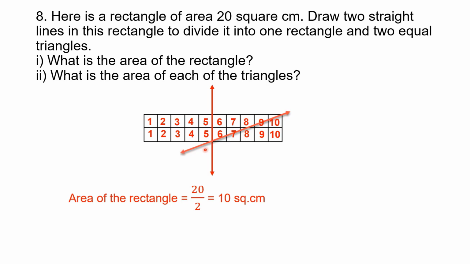Now this line divides this rectangle into two equal triangles. Let us see the triangles. This is a triangle.